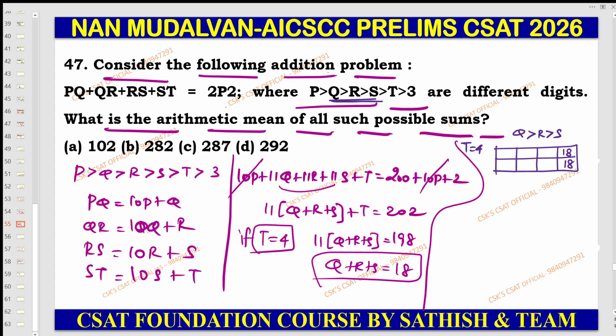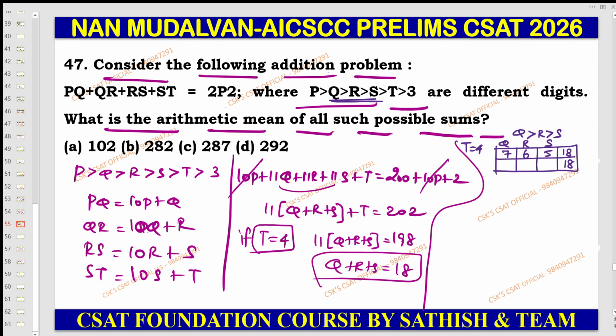Now, what all is possible for Q, R or S? Now, this also plays a vital role. You can fix 7 here, then 6 here. Yes, possible. 7 plus 6 is 13, plus 5 is 18. This is possible. Now, anything else possible?